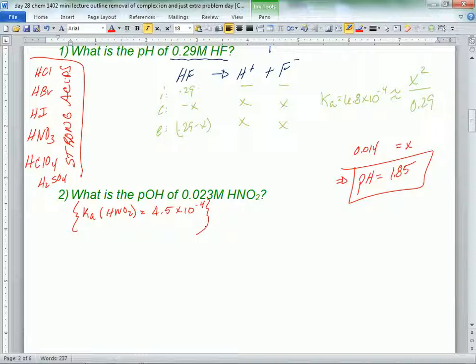So in number 2, it's definitely not one of the six strong acids. It's going to be ICE, but ICE of what type of reaction? It has to be Ka again. Some folks get confused because they think, oh, it's asking for pOH, so I have to write a Kb reaction. No, it's an acid. You have no choice. You have to write a Ka reaction, even though they want pOH in the end.